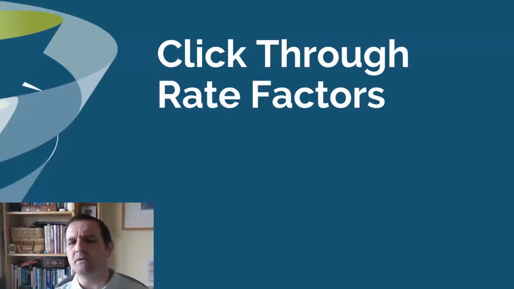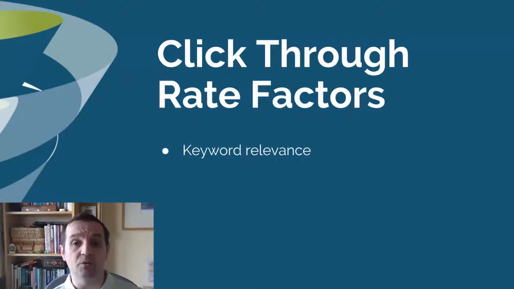So what are the main factors for an AdWords click-through rate? Okay, so this is primarily looking at Google search. So the first one is keyword relevance. This is making sure that the keywords that you are bidding on are high intent and match exactly what you do.